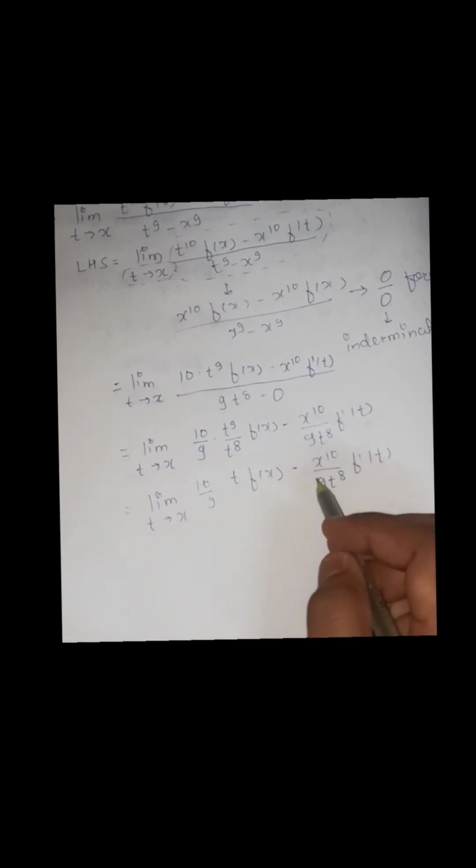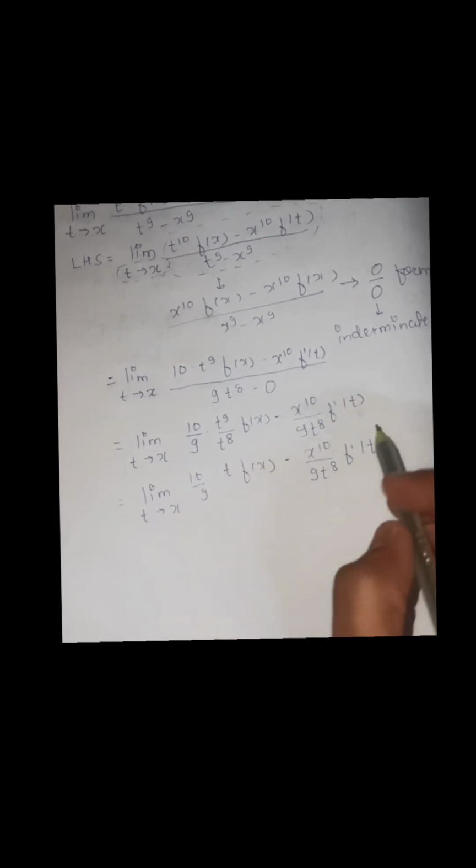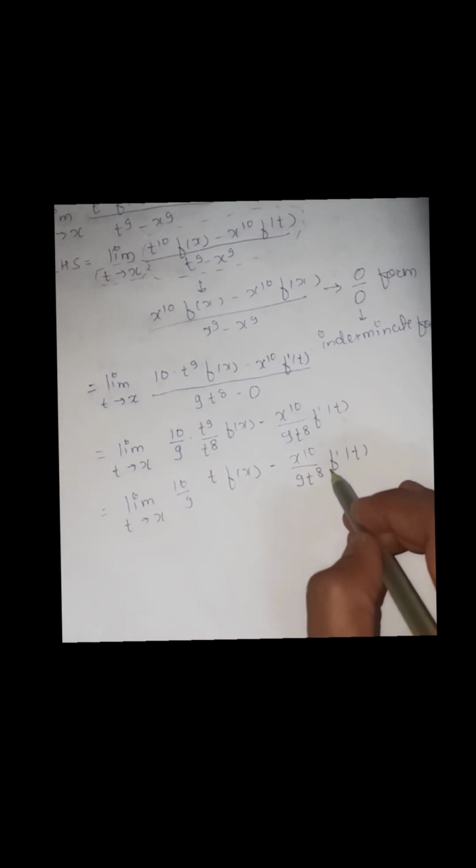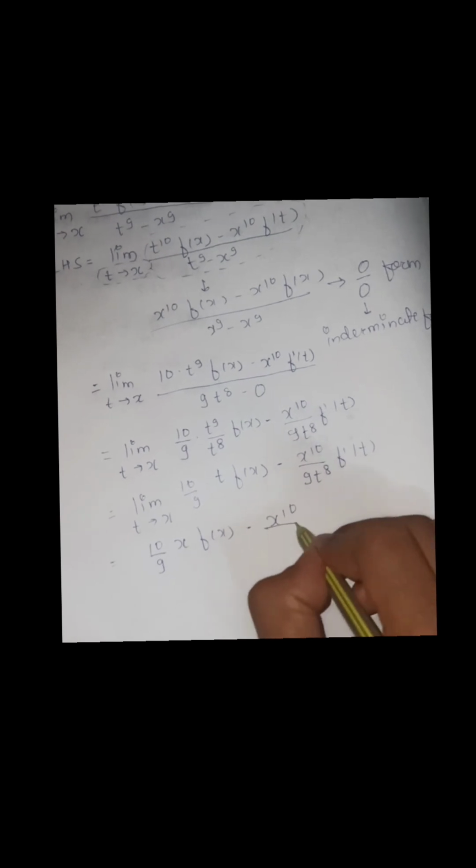Okay, and now observe that t is tending to x in this term, and this term won't come out to be an indeterminate form here. So you may just apply the limit, and it will be x f of x minus x to the power 10 upon 9 x to the power 8 f dash x, correct?